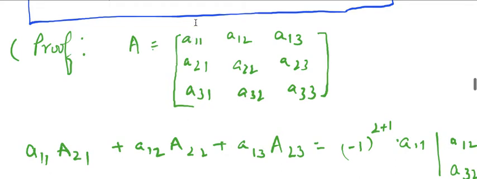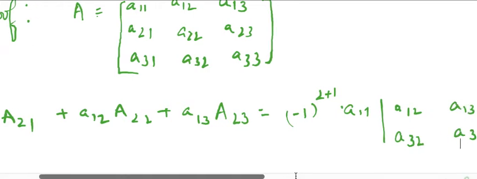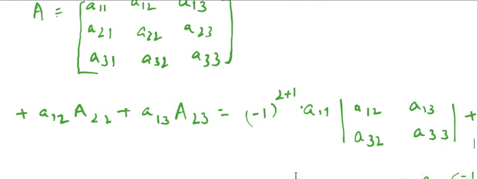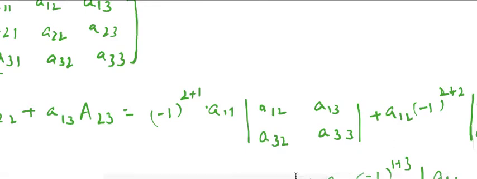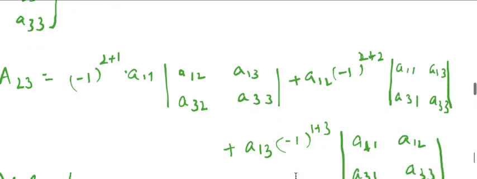What is the cofactor of a21? We hide this column and hide this row. The corresponding cofactor will be -1 raised to power 2 plus 1, and the minor will be a12, a13, a32, a33. You know how to write the cofactors, you know how to find the adjoint, so there is no point in explaining that again.